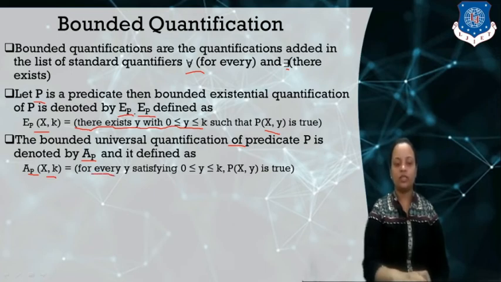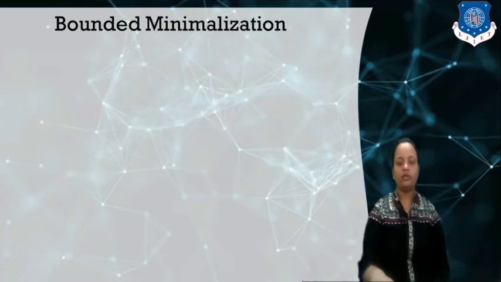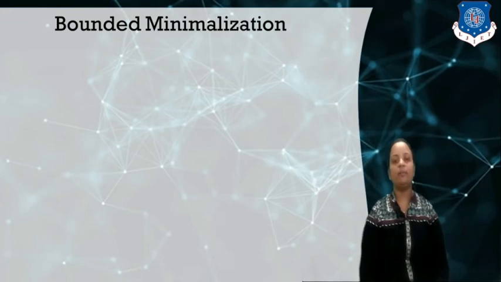Notice that the previous one said there exists y with this condition, and this one says for every y which satisfies the condition 0 ≤ y ≤ k, where P(x, y) is true. Now next is bounded minimalization.